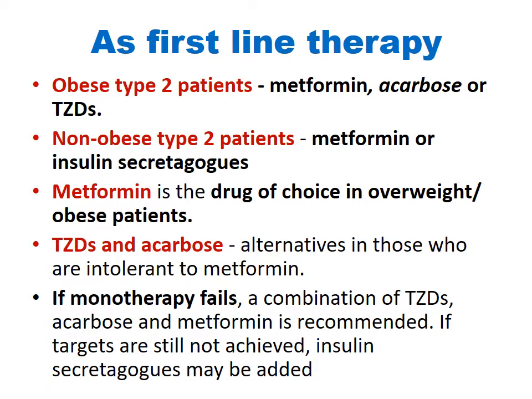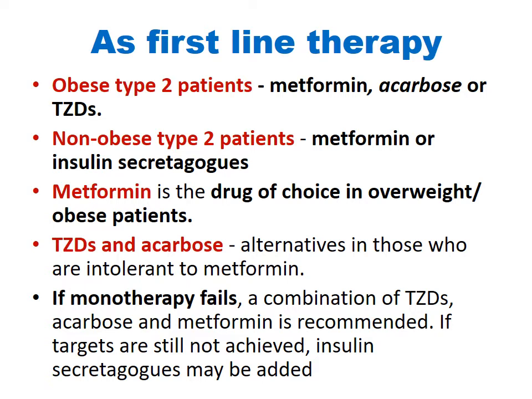If monotherapy fails to reduce the plasma glucose level, combination of thiazolidinediones, acarbose, and metformin is recommended. If the target is not achieved with this drug combination, then insulin secretogens may be added, such as sulfonylurea.